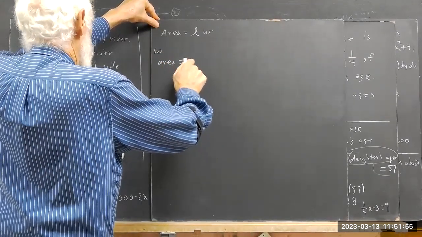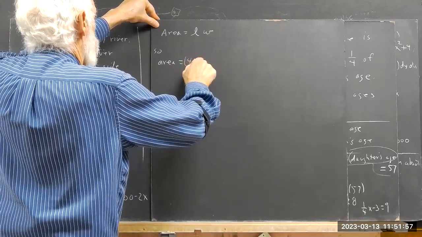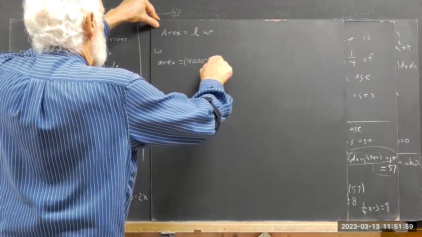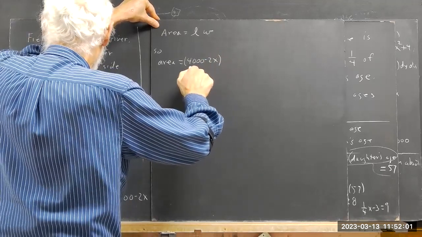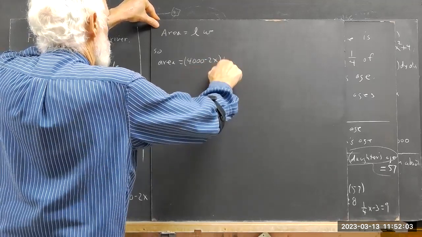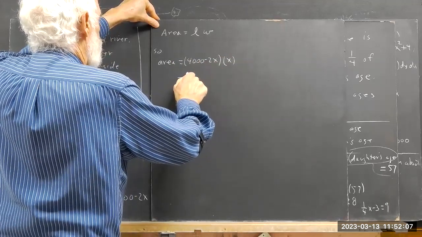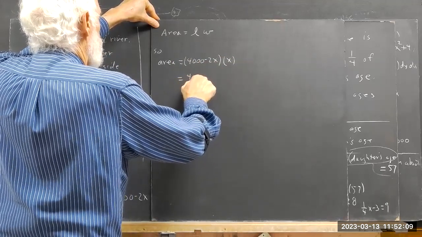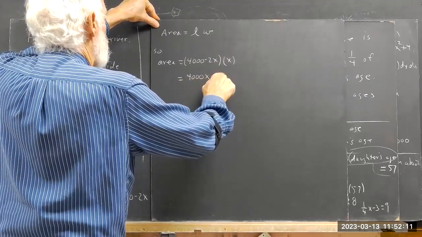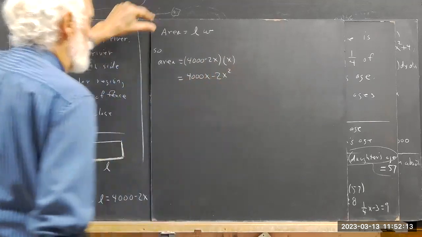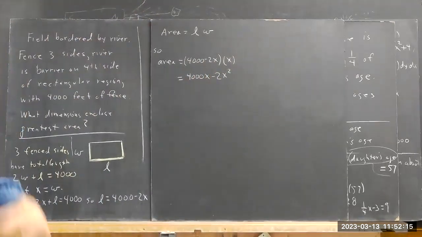So the area is 4,000 minus 2X multiplied by X, which is 4,000X minus 2X squared. And we want to find the maximum area.